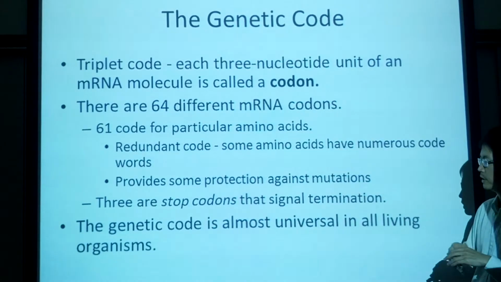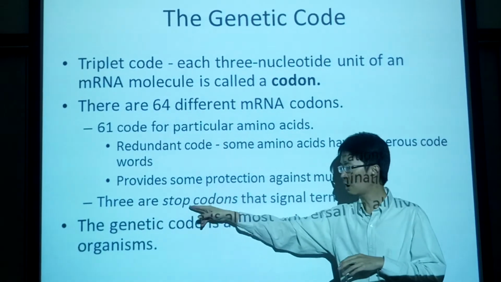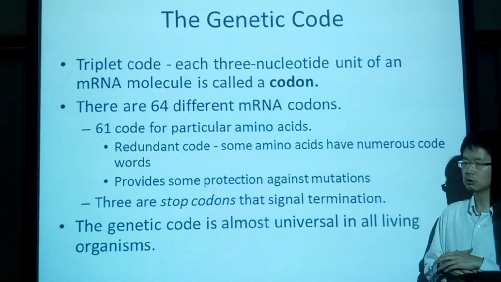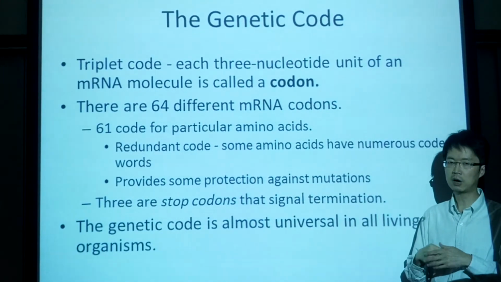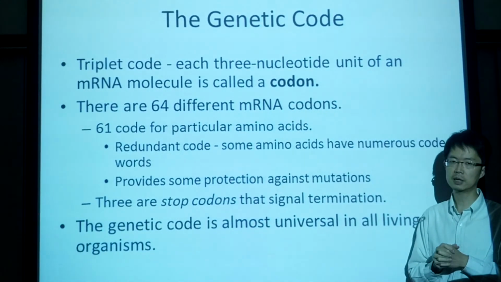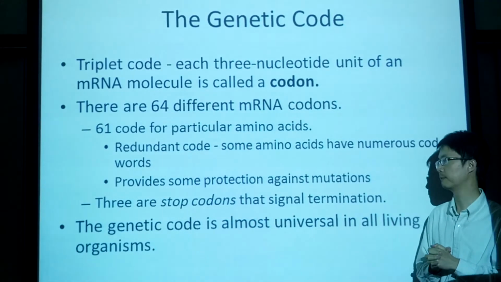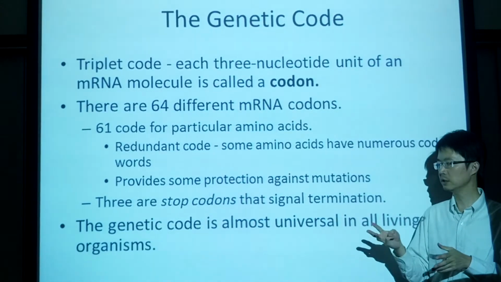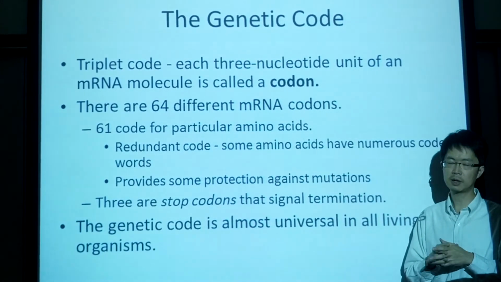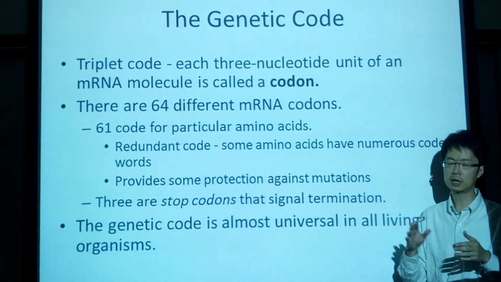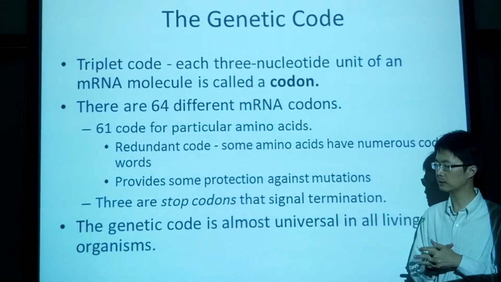And then there are three codons we call stop codons, because they do not code for any amino acid, but they tell the ribosome to stop making a polypeptide. They stop the entire process of translation.